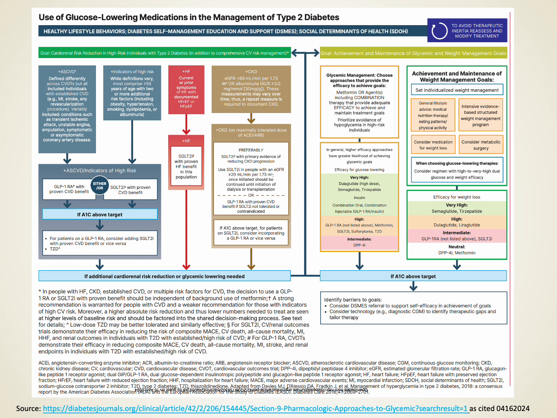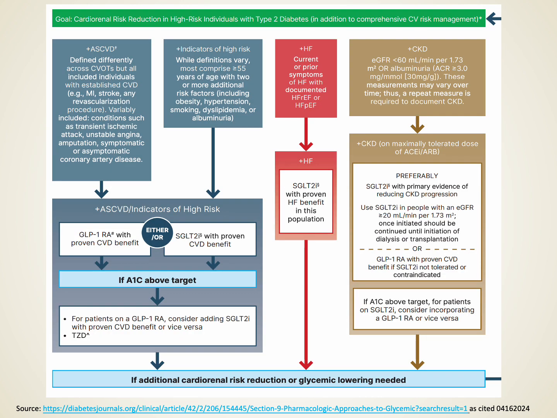Let's walk through that. For patients who have a cardiovascular risk, you want to know, is it a risk for atherosclerotic cardiovascular disease? Is the risk for heart failure? Or is there a risk for chronic kidney disease?